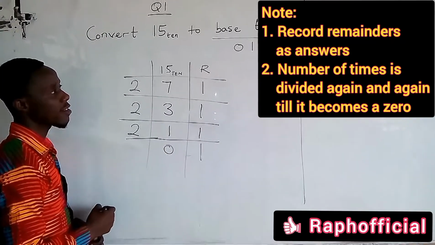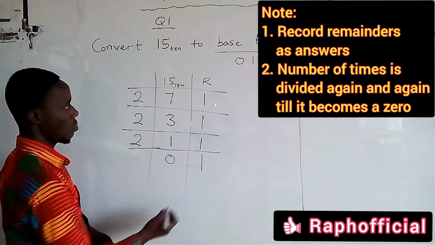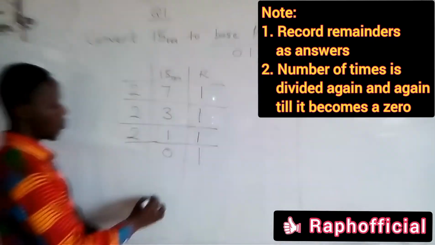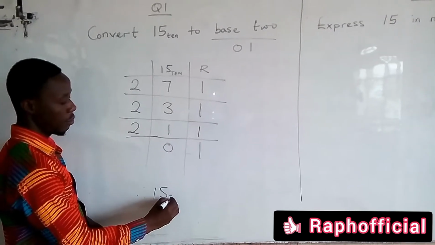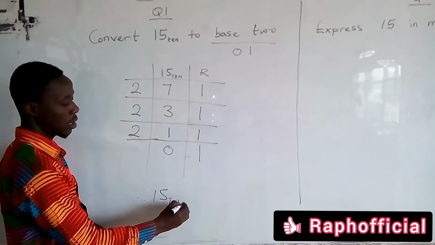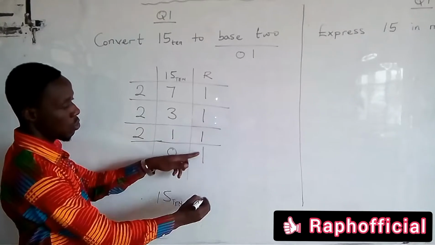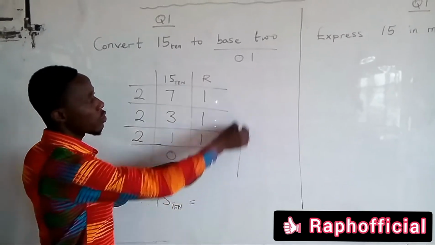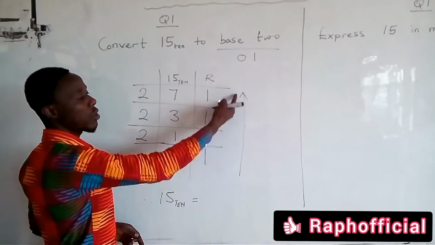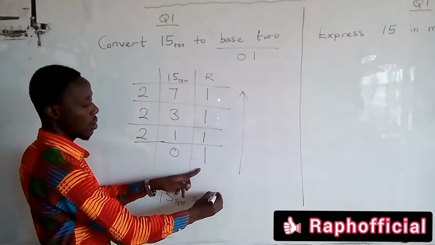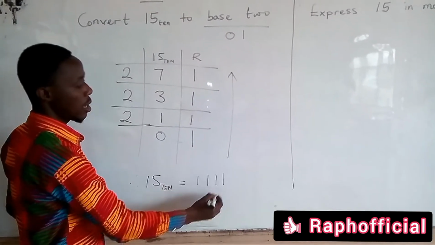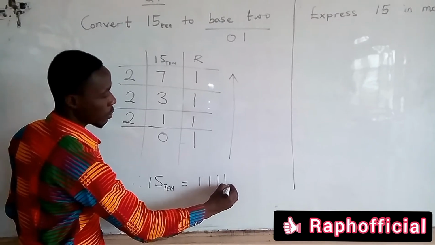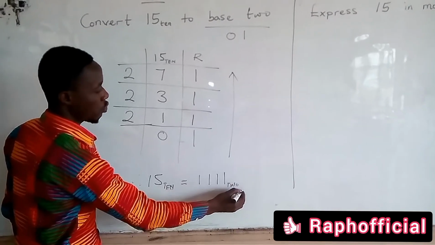Therefore, our answer is 15 base 10 is equal to, starting from the bottom to the top, 1111 base 2.